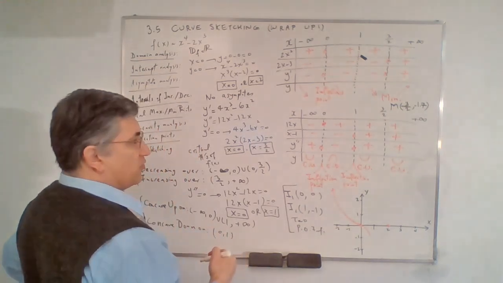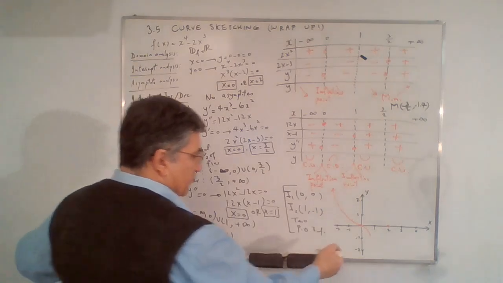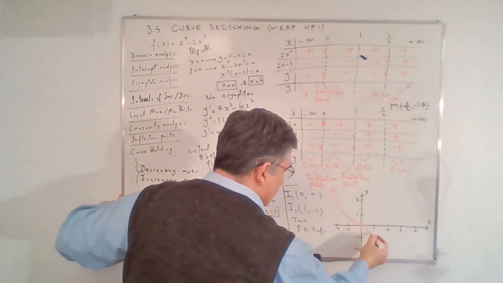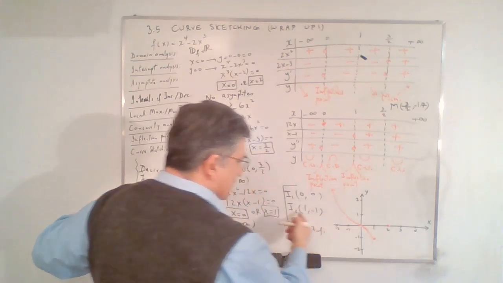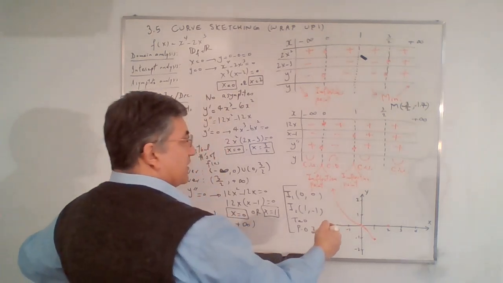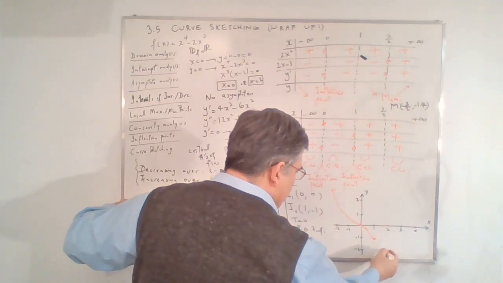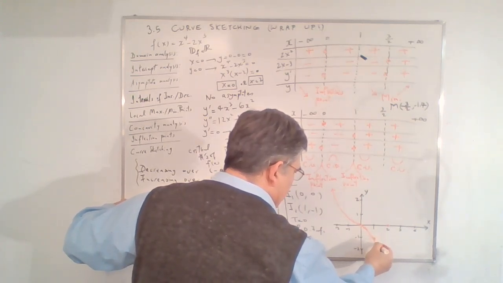So that's an inflection point. We go and reach 1. Now at 1 and negative 1, we have this point here, 1 and negative 1. That's our second inflection point. Then it goes to 1.5 and negative 1.5, which is here. So it goes there.